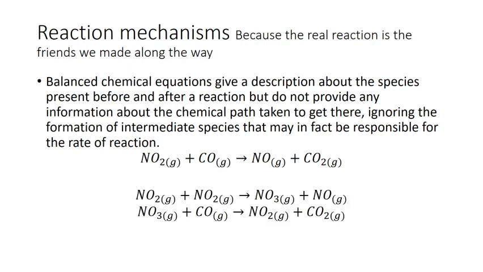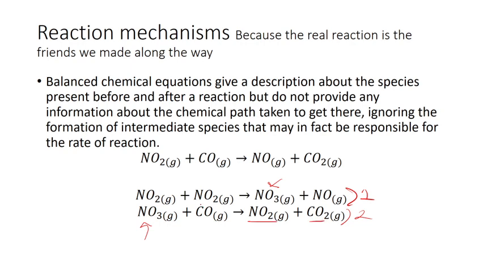However, if we take a look at the reaction mechanism, we have a first reaction here where you form an intermediate, NO3. That intermediate then goes on to a second reaction and reacts with carbon monoxide to form our NO2 and CO2.